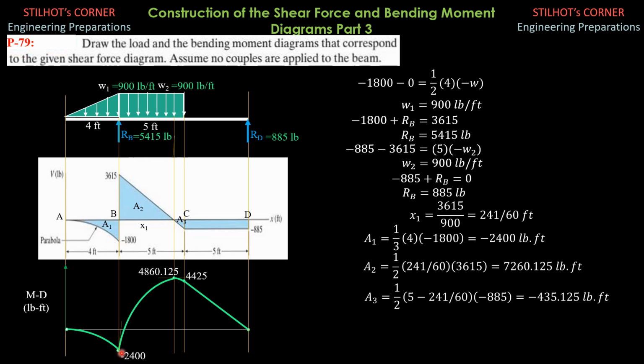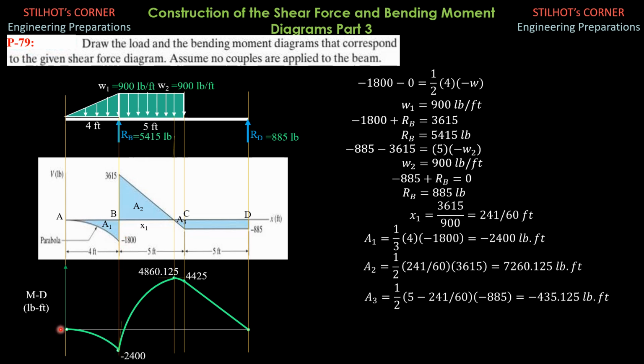Connecting these ordinates to that negative 2400 with a third degree curve, because this is already a second degree curve. The tangent here initially is horizontal, and the tangent at this point is negative 1800.